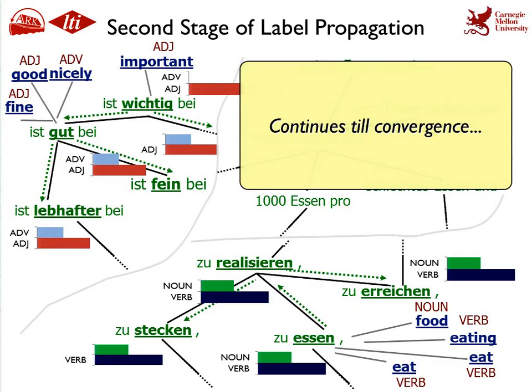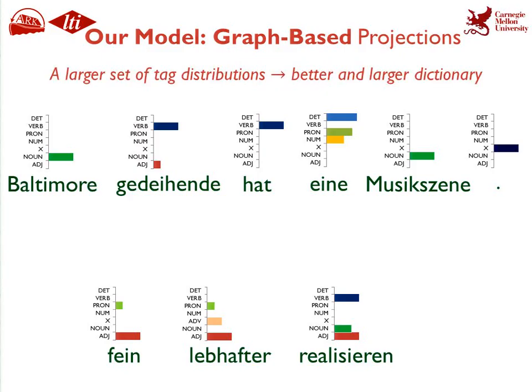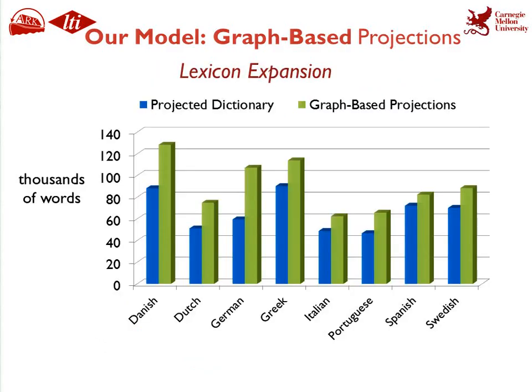At the end, we get a larger set of distributions, and we create a larger dictionary by using the same thresholding mechanism. The green bars show that we get many more thousands of words in our projected dictionaries once we use our graph-based technique to expand the lexicon. Although noisy, we hope that this will give us better results.